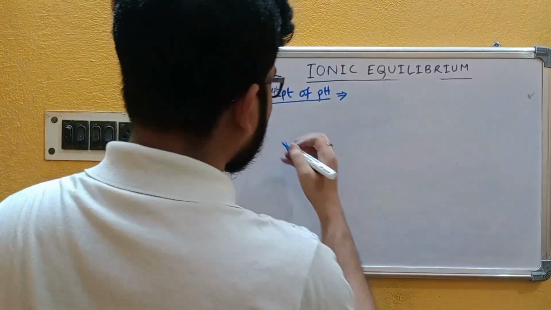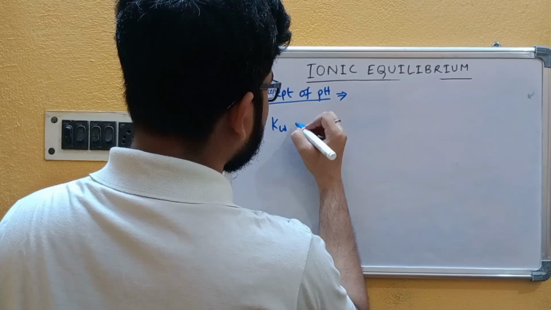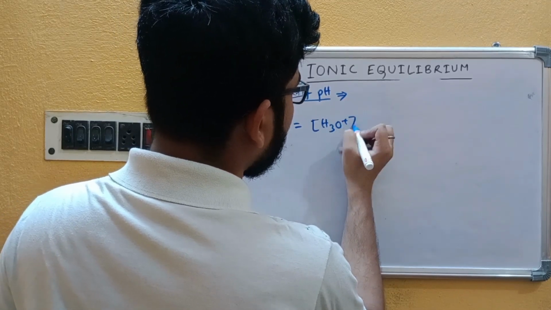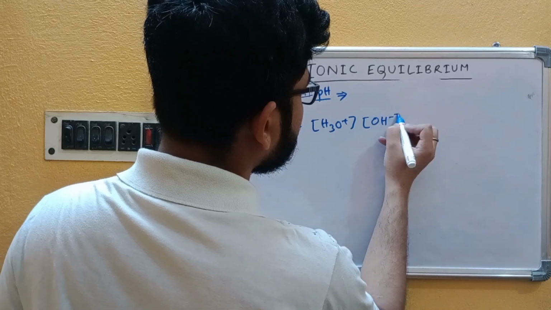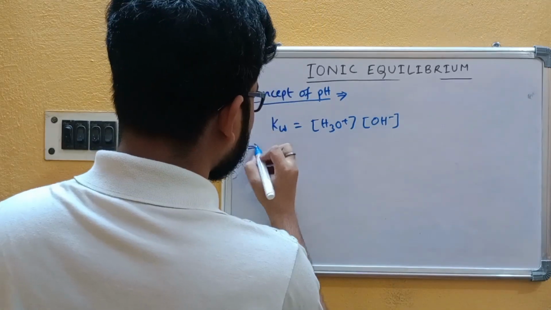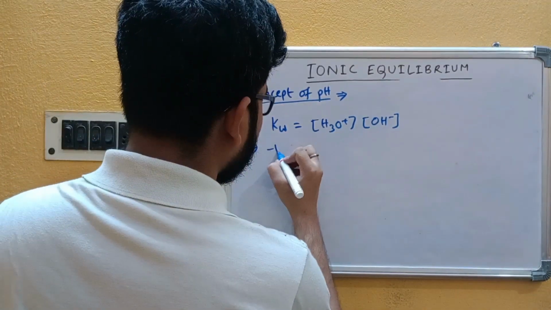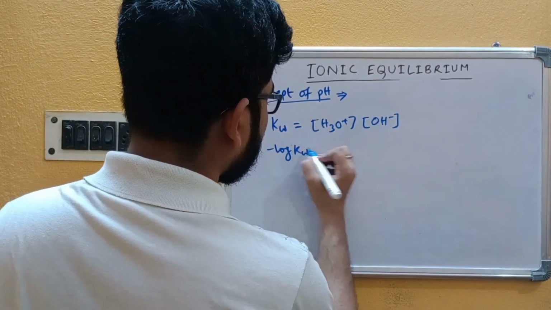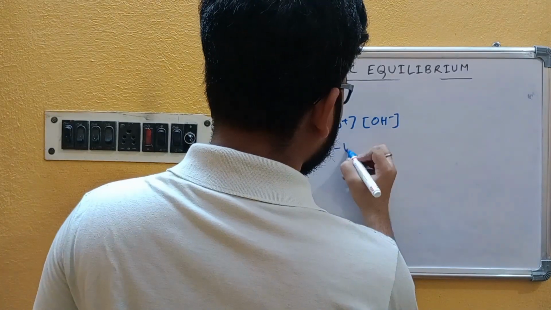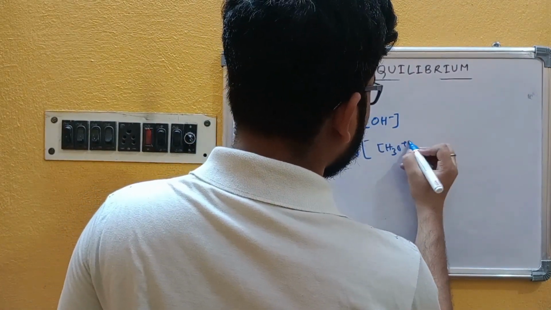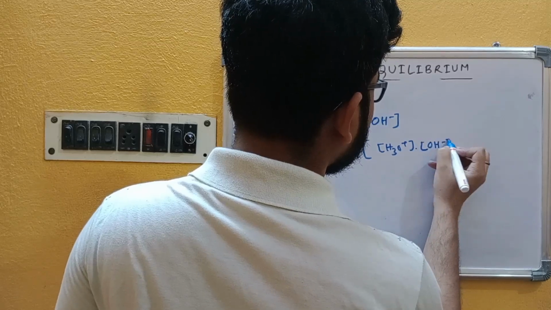From the ionic product of water, we get that Kw is equal to concentration of H3O plus into concentration of OH minus. So if we take negative logarithm on both sides, then minus log Kw is equal to minus log of H3O plus into concentration of OH minus.